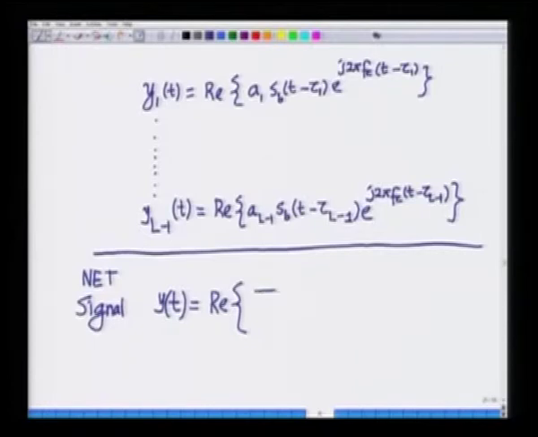I can represent that compactly using the sum notation as sigma i equals 0 to L minus 1 of A_i s_b(t minus tau_i) e to the power of j 2 pi f_c (t minus tau_i).